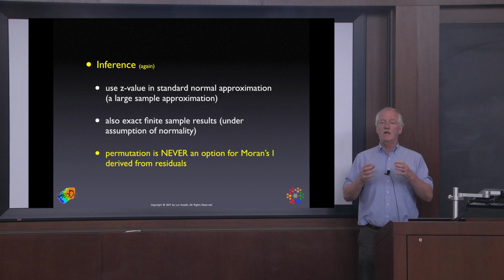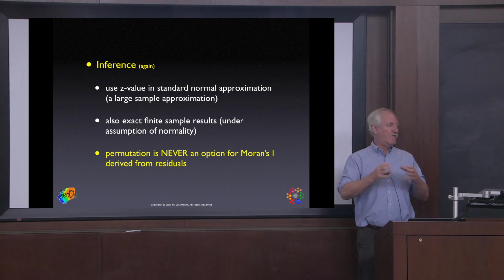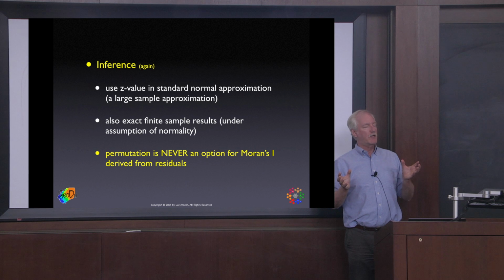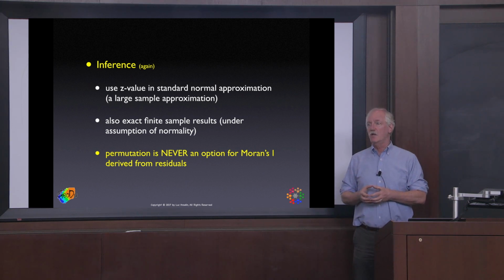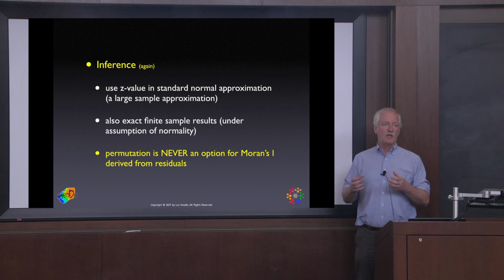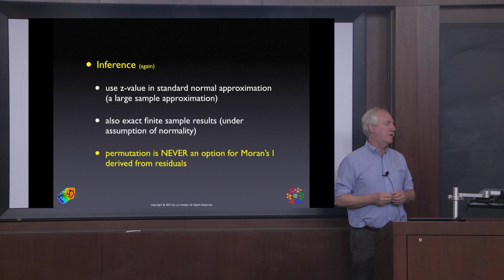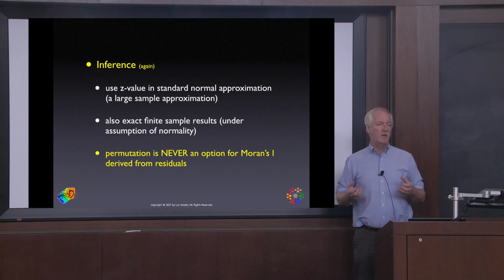And that's why there's a difference between inference in the exploratory context and inference as a regression diagnostic, where the Moran's I actually has more complicated moments than in the exploratory setup. If you remember, the mean of Moran's I in general is -1 over n minus 1.